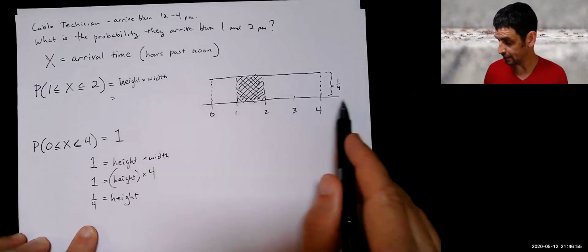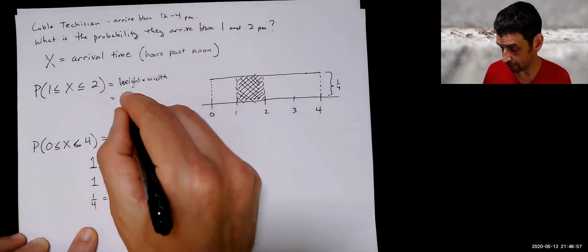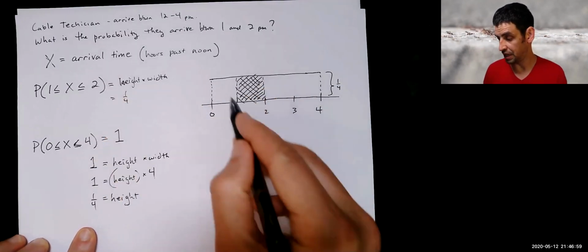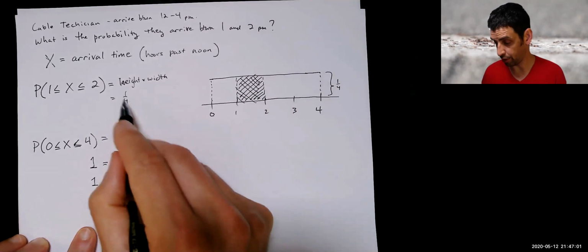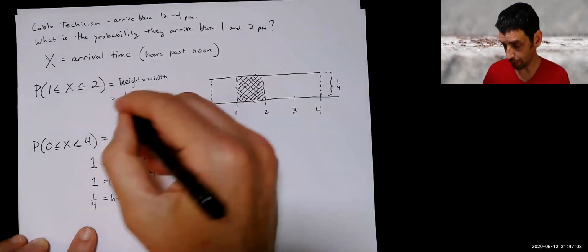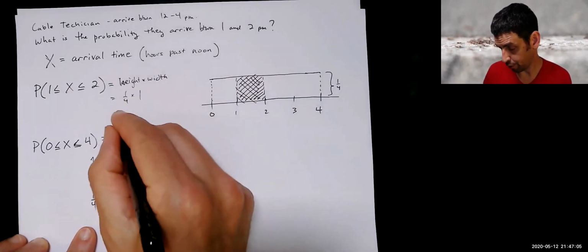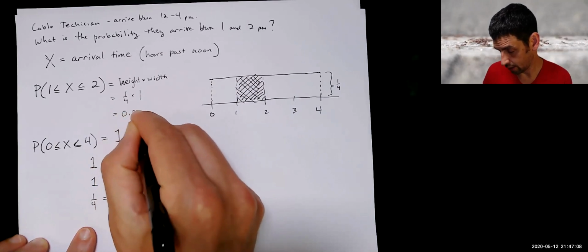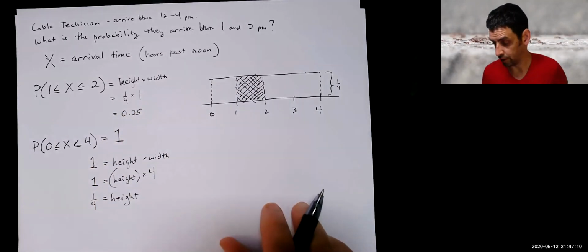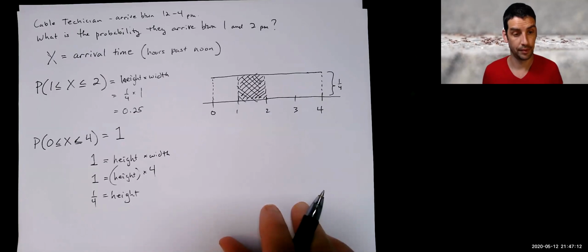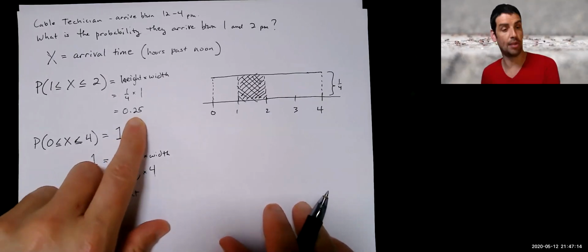Okay? Which means now I can take this information and go back to the problem where I was trying to compute the area of this box, but I didn't know what the height was. I now know that it's 1/4. I multiply that by the width of 1, and I get 0.25. Okay? And that is the probability.